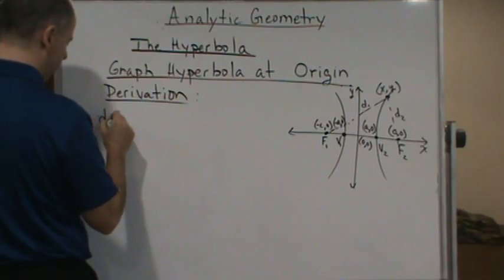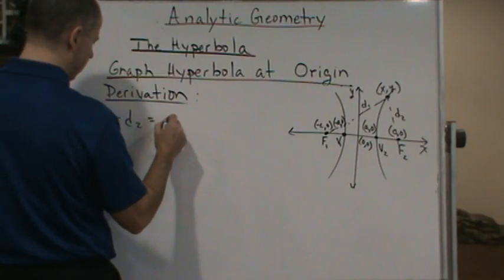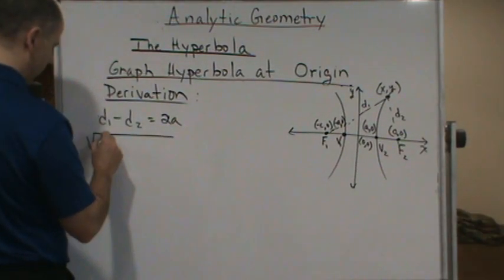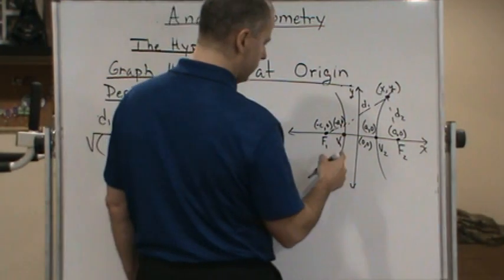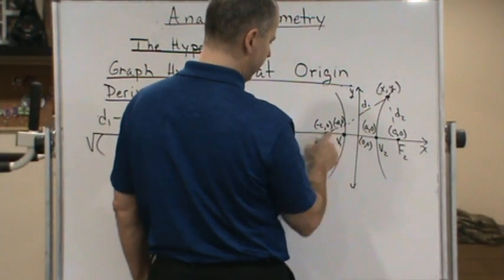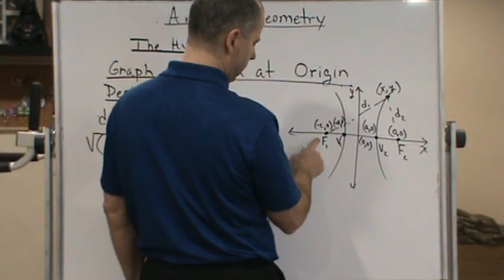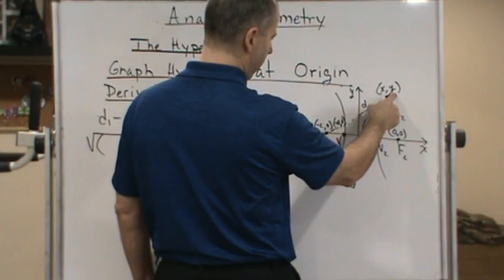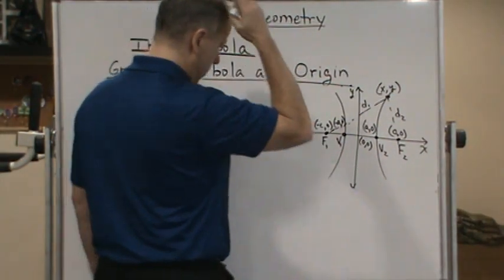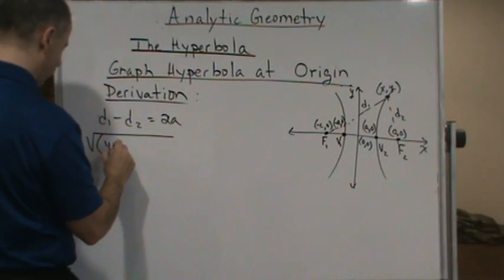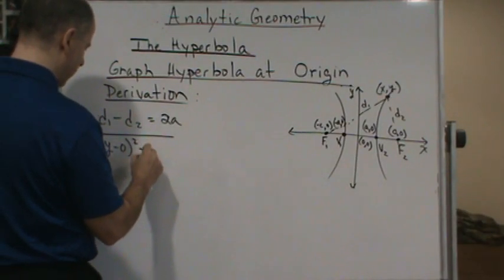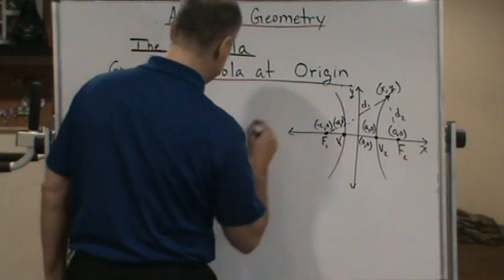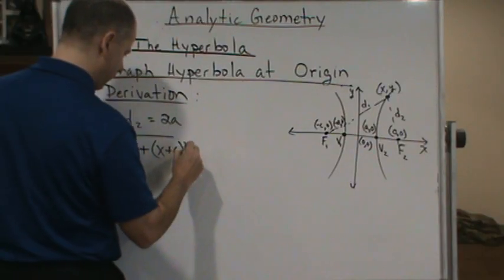So now we're going to do D1 minus D2 equals 2A. We're just going to use the distance formula between x, y, and the first focus, right? So that's going to be the square root of y minus 0, quantity squared, plus x minus negative c, which is just plus c, quantity squared.